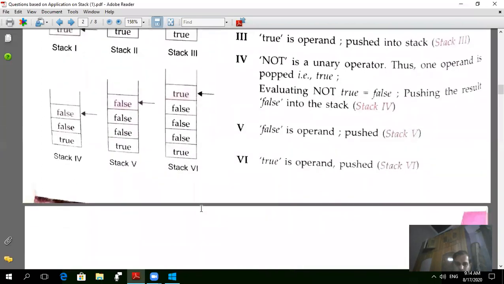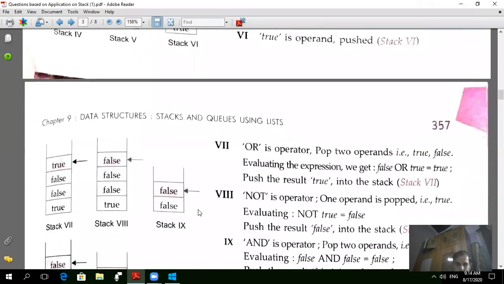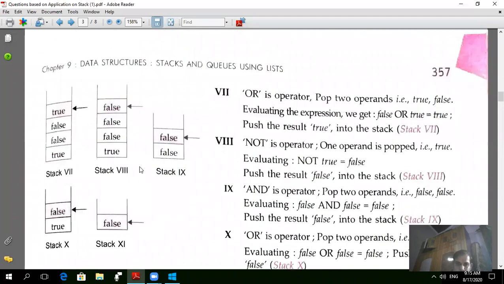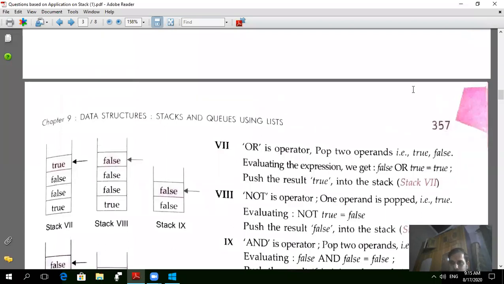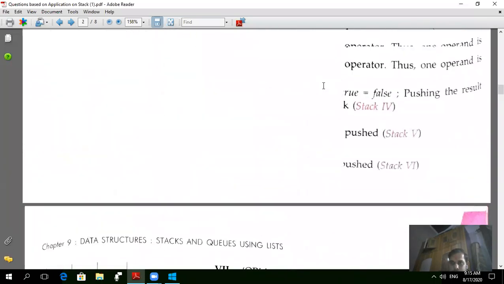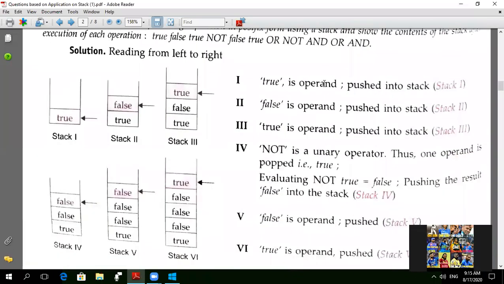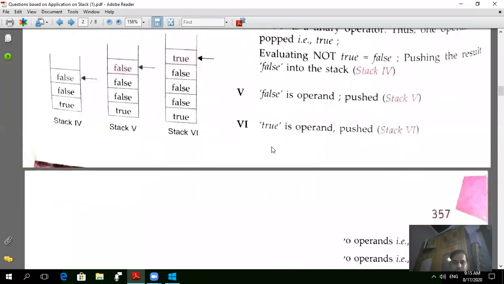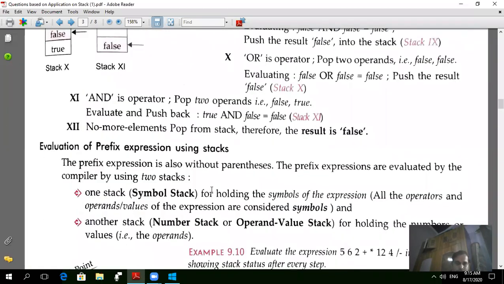Now I think one step is missing. Its result is false, and then false and false. False and false is false. Sorry, it was or here, not and. False or false means false. Okay.